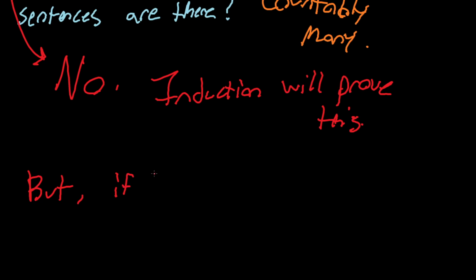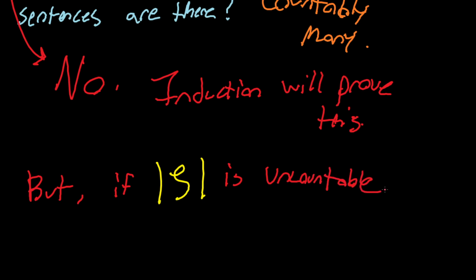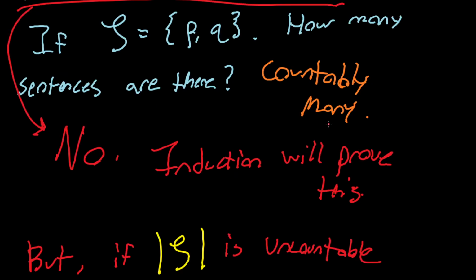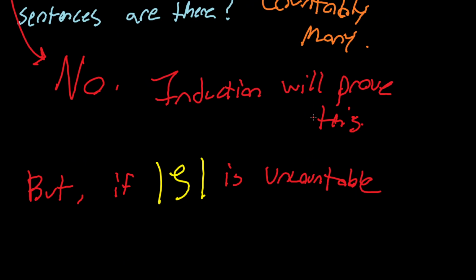But if the size of this is uncountable, so this is where I have a bizarrely large amount of different variables, right? I can have up to uncountably many variables.